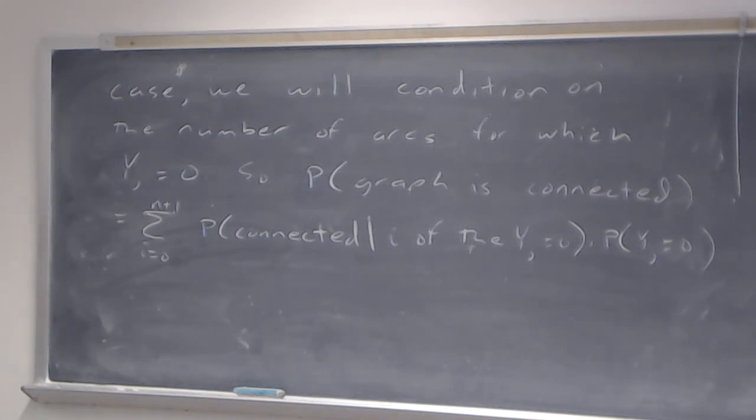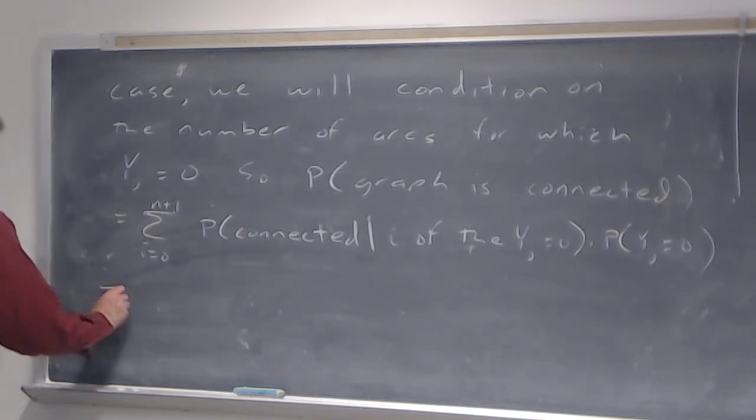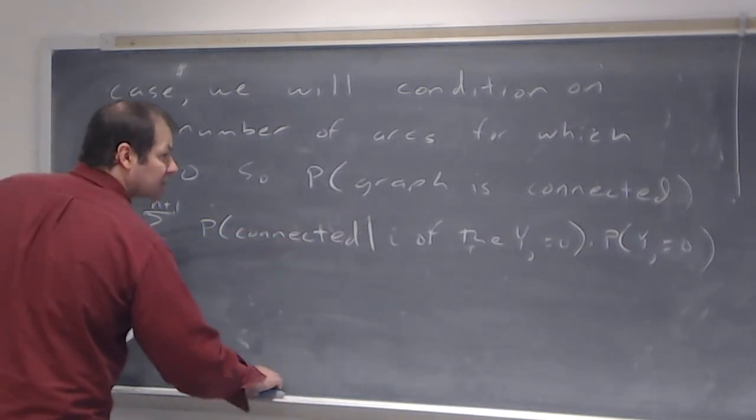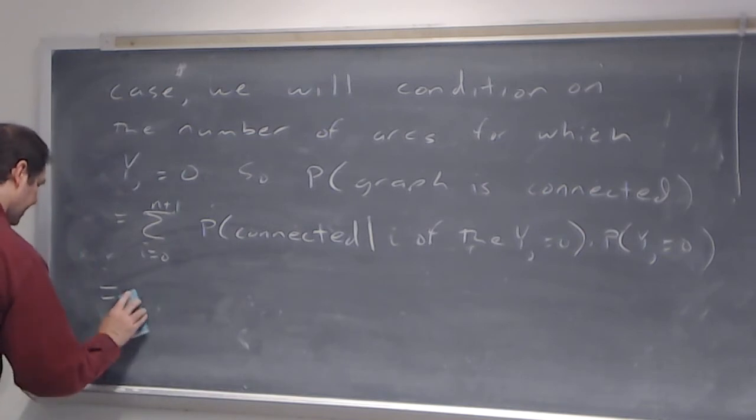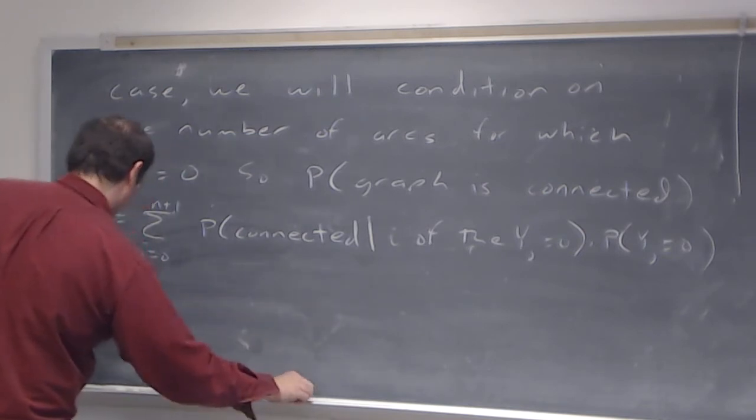Okay, this is going to be equal to, I can say something about the probability that y sub j equals 0. And I want to do that here.